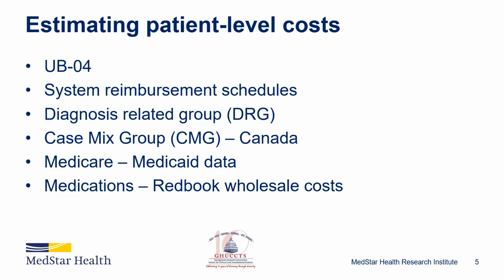This is a procedure and a particular outcome that's been assigned a cost. And the corresponding idea in Canada is what's called a case mix group. Or we can get costs from Medicare, Medicaid data. For medications, there's the published Red Book of wholesale cost. There are also other sources for getting costs of medication.